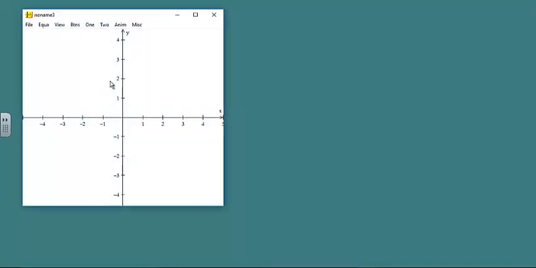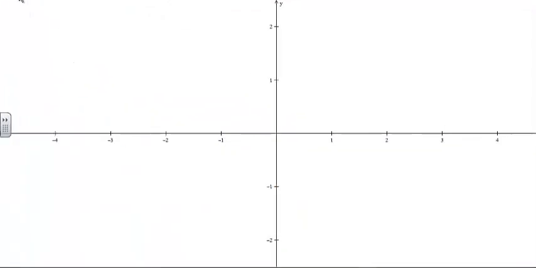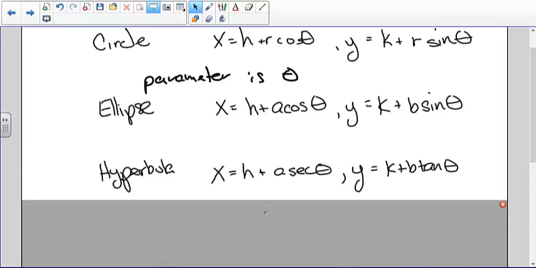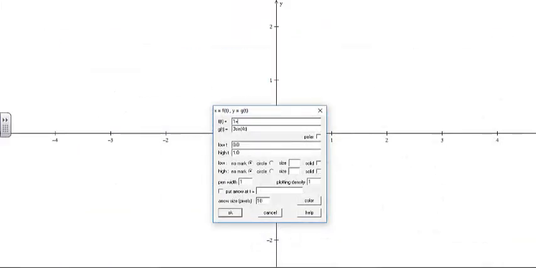So two dimensions, parametric equation. So if we did 1 plus, let's switch first, secant or tangent? Secant. Okay, 1 plus 2 secant t, and y was -1 plus 3 tangent t.